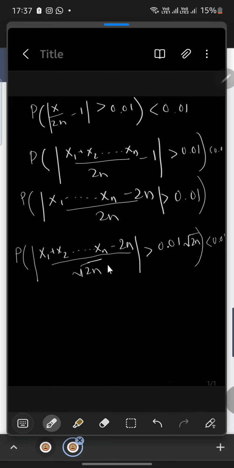I hope you understand my point here. Why did we use root 2n? We used it to convert the whole into CLT formation, right? So this is what we get from this whole part. I'll be erasing this one.